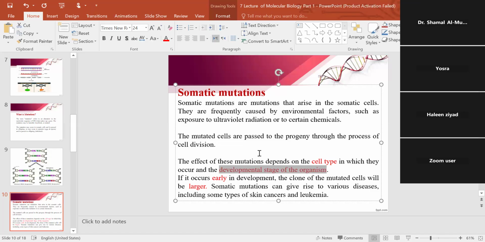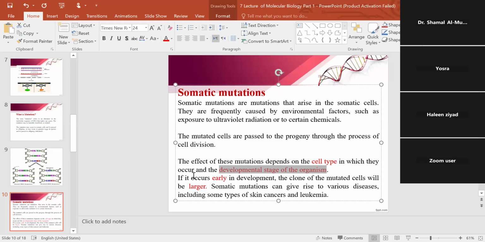If this mutation occurs early in development, meaning any change that happens in the DNA, the clone of the mutant cell will be larger.